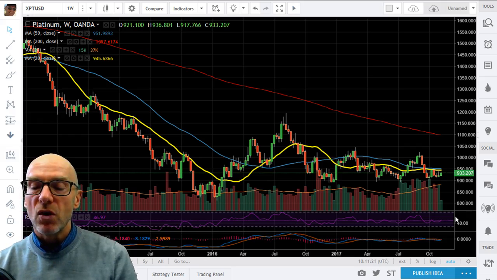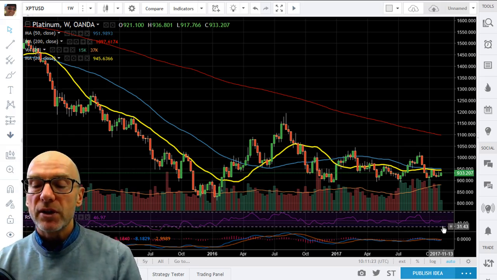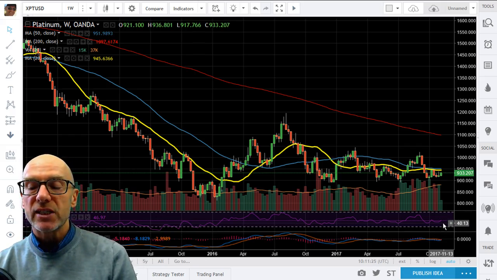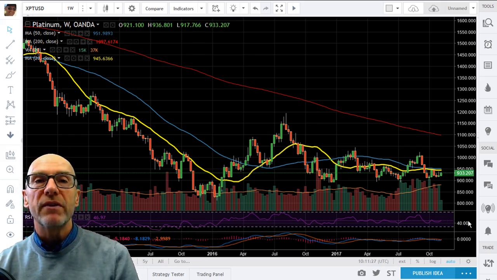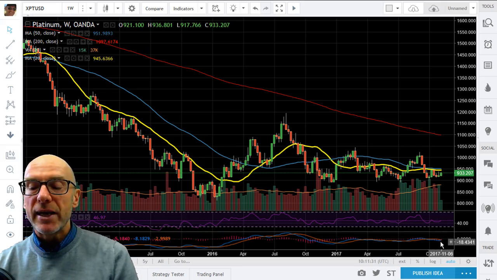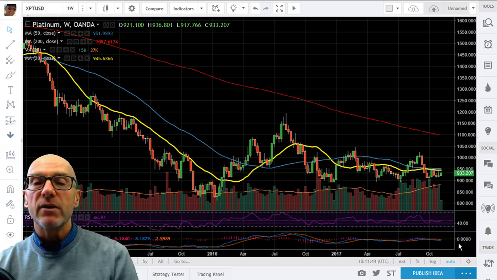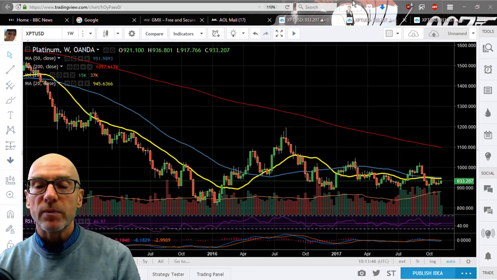Momentum wise on this weekly, you can see that the RSI has ticked up, but it's still below 50, at 46.97, and the MACD, although the short term has ticked towards the longer term, they're still tracking down. The longer term is still tracking down, and it's still below 0.